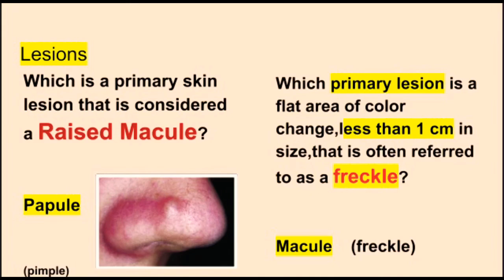Okay, moving on. What is the difference between a primary and a secondary lesion? The difference is that a secondary lesion results from a change in a primary lesion. Okay, moving on. Which is the best location to assess cyanosis for a dark-skinned patient with congestive heart failure?